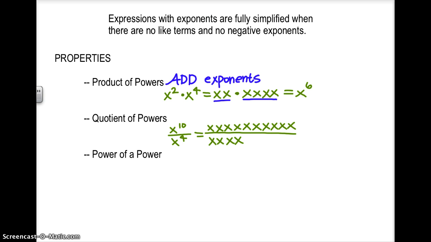I love when something is in the numerator and the denominator because we can cancel it. Look at all that canceling. There are 6 x's remaining. x to the 6th. What did we do here? How do we go from 10 and 4 and get 6? Well, subtract the exponents.